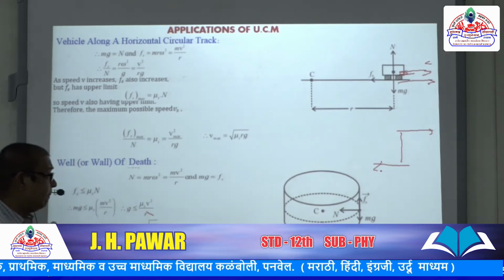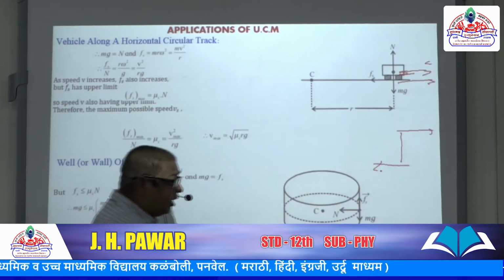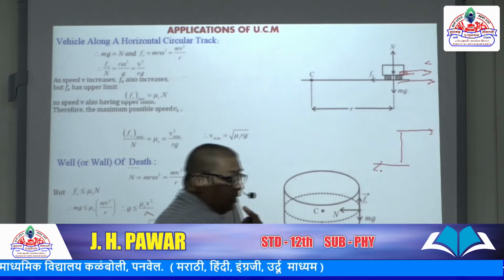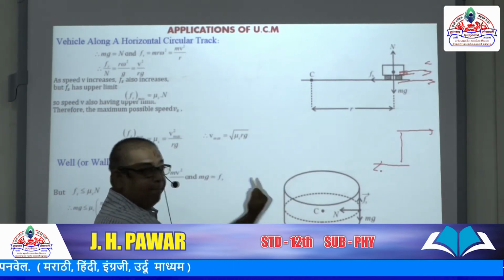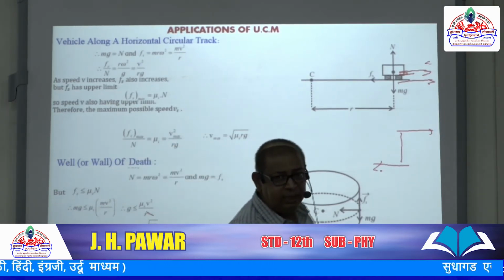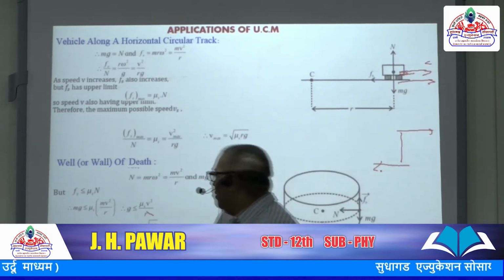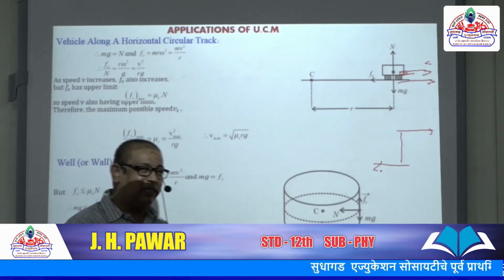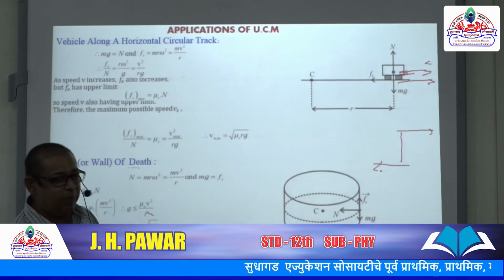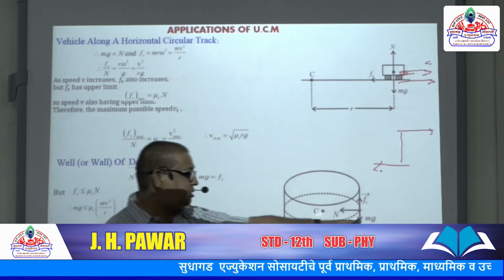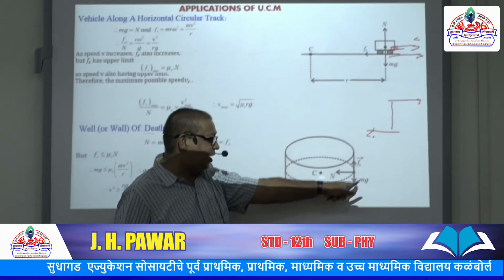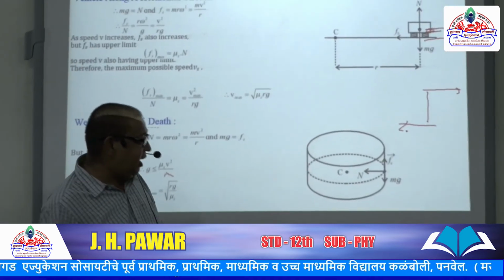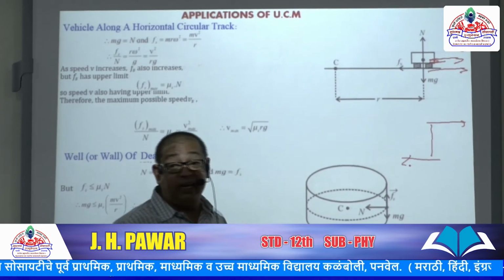Now look at the thing. When this bicycle rider moves along the vertical wall, moving horizontally, again we go through the certain forces acting on him. Again we consider m is the mass of the bicycle rider, g is the acceleration due to gravity, and weight is always acting vertically downwards.